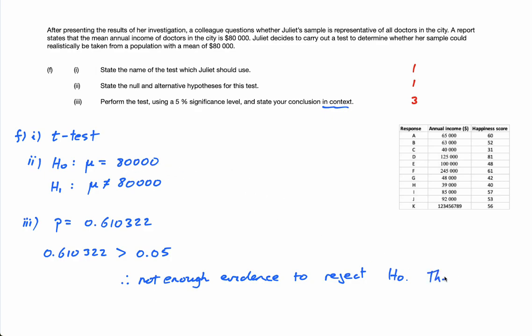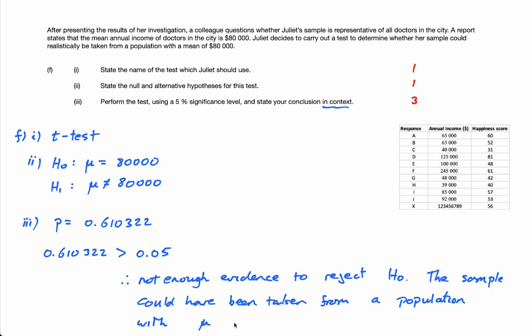So the sample could have been taken from a population with mean 80,000. So that's what the test says. The test says, no, these results are reasonable, that if you took this sample from a population which had a mean of $80,000, it's not unreasonable that you would get these numbers. Okay, that's question 1 finished.